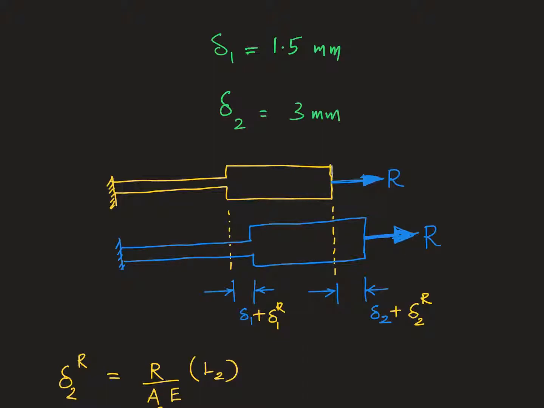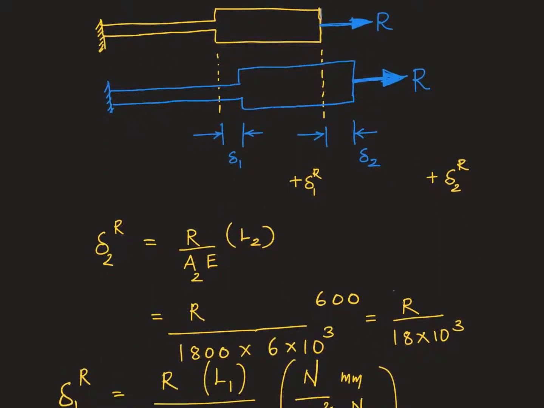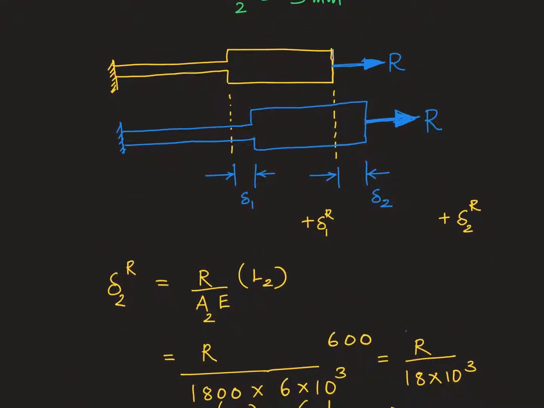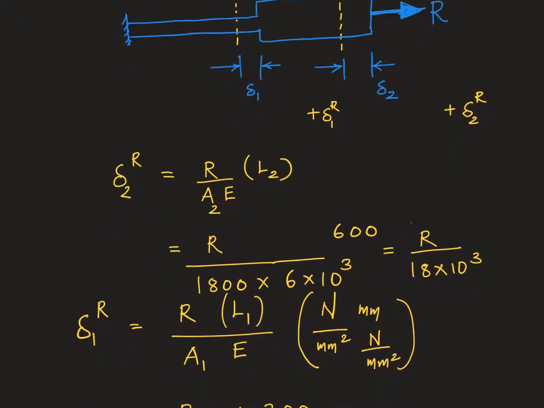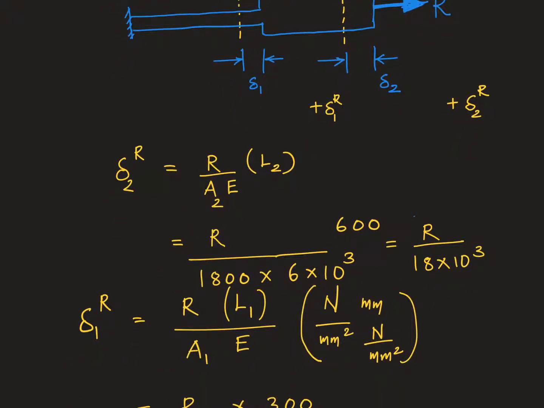Make sense? It is a simple formula, because the force capital R acts throughout these two sections. The external force acting on this section will be capital R, and on this section again capital R. Now I compute delta 2 due to the reaction force R with this formula, and I am plugging in values. When plugging in values, always use consistent units.